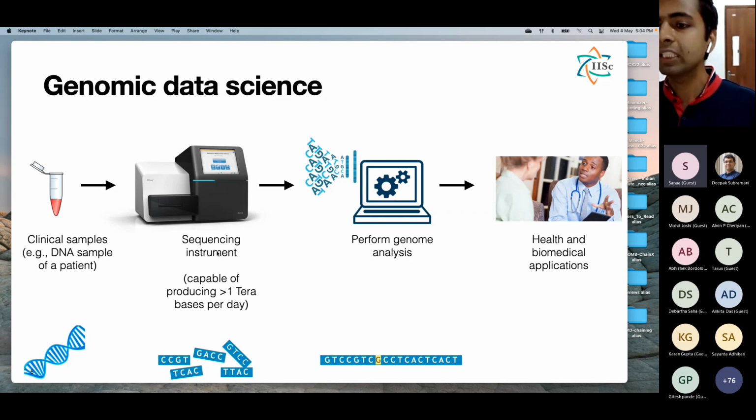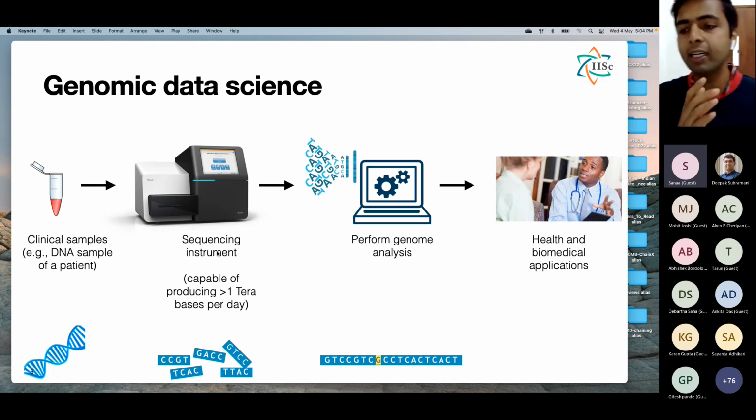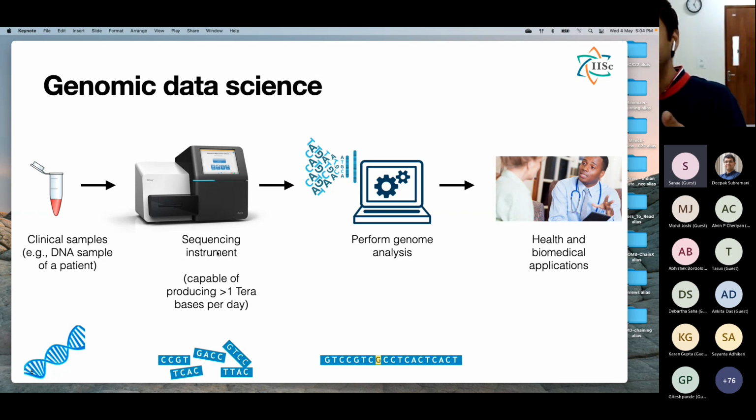What they give you is small fragments of the genome, because due to technological limitations, we cannot read a genome string from end to end. We can only parse small fragments of the genome at a time. So if you put the genome sequence into the instrument, you will get small pieces of the DNA as output.